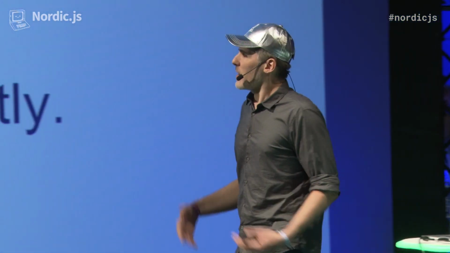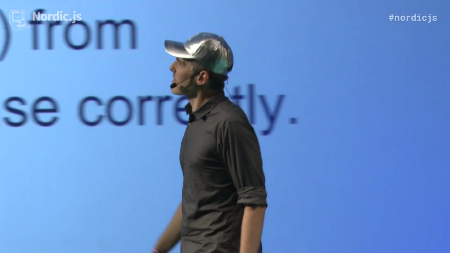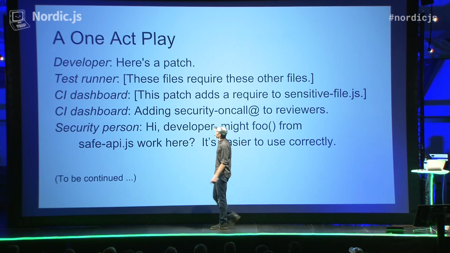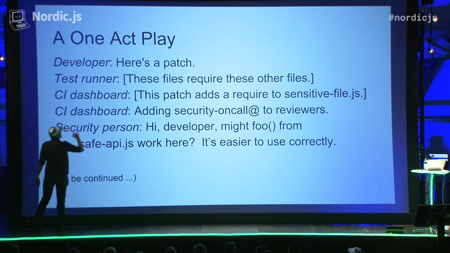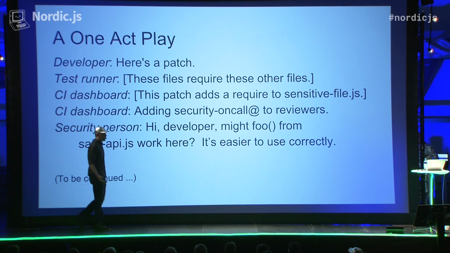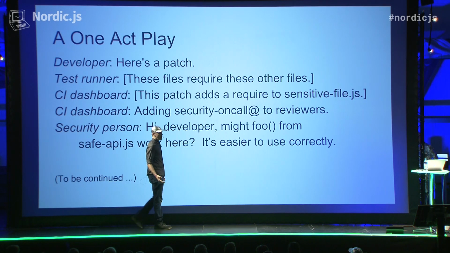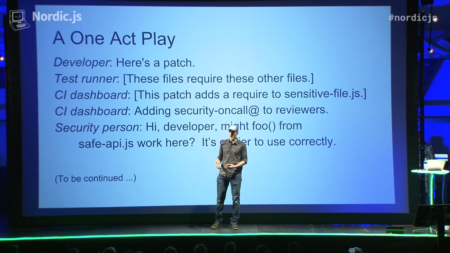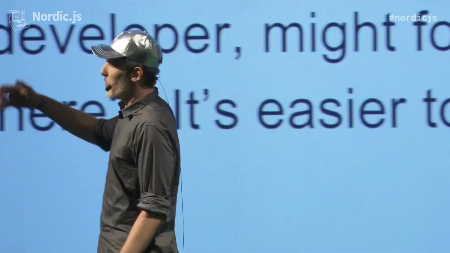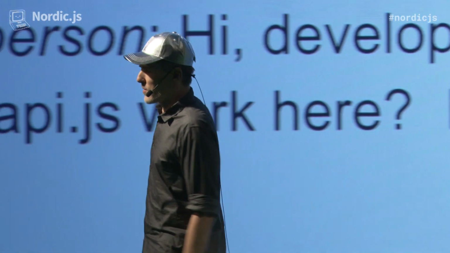So here's an example of how this might work in practice. I can't play all these different characters, but a developer submits a patch. That kicks off a test run. We've instrumented the test runner to gather information about the program. So the test runner tells us, these modules loaded these other modules.